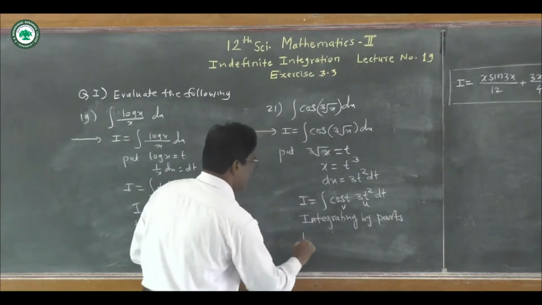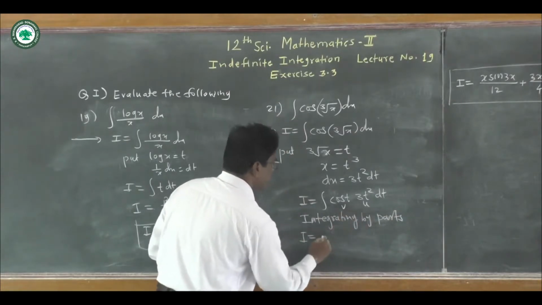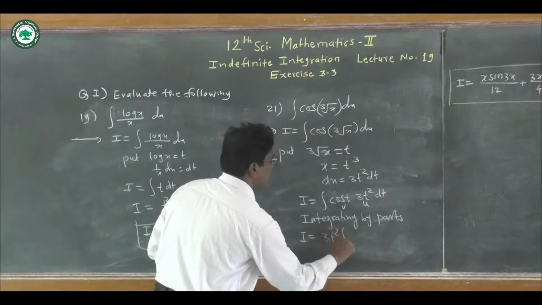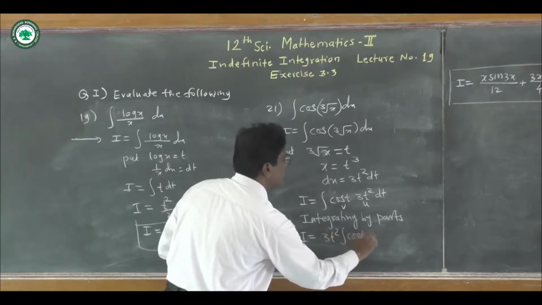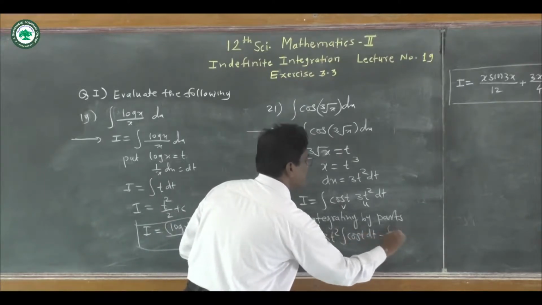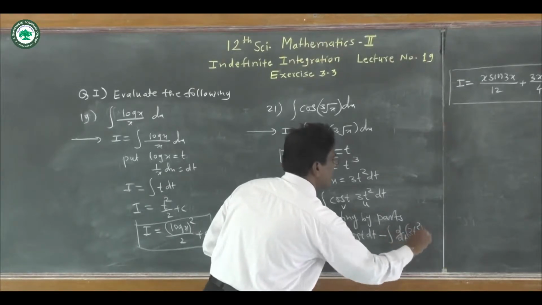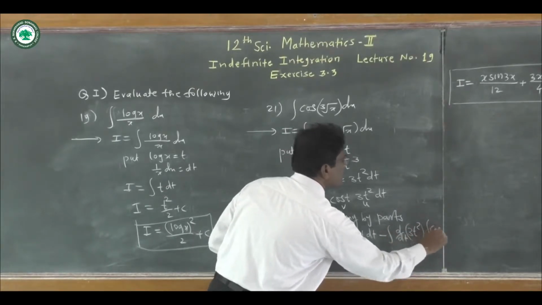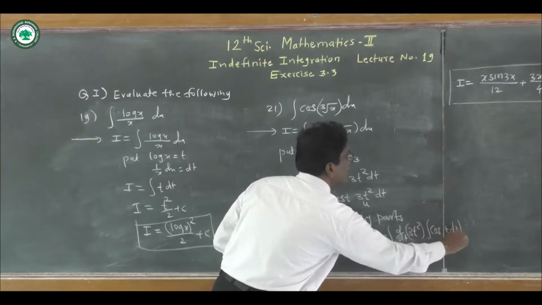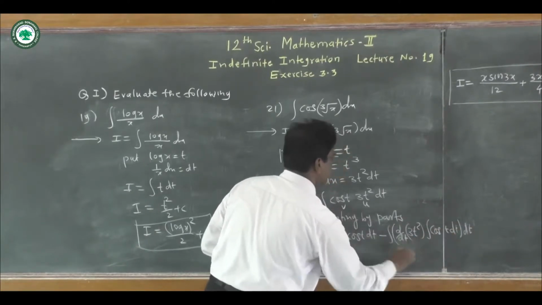I is equal to u, that is 3t square, into integration of cos t dt, minus integration of d by dt of 3t square into integration of cos t dt with respect to t.